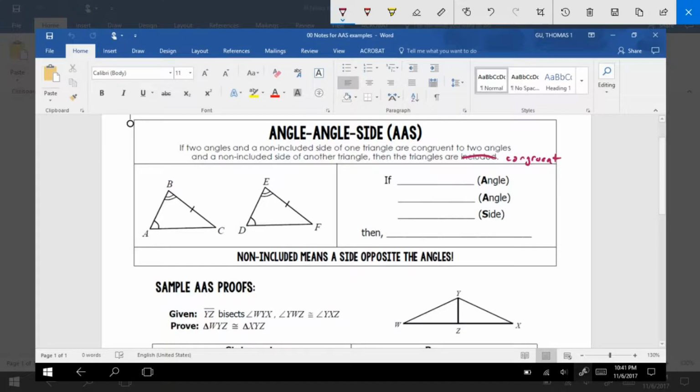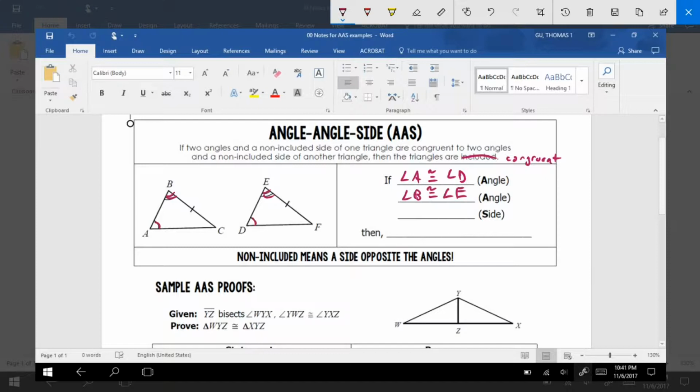So look at our example here. We've got triangle ABC and we have triangle DEF. In this case, if we're looking for an angle angle side, look, A is congruent to D. Angle A is congruent to angle D. Look at our next angle, the two congruency marks. Angle B is congruent to angle E. So now we have two angles, and we need a side.